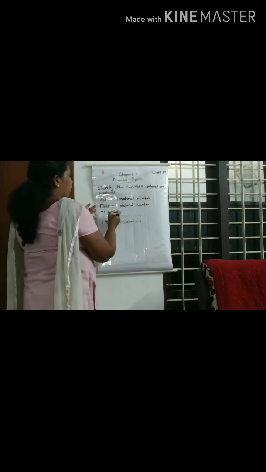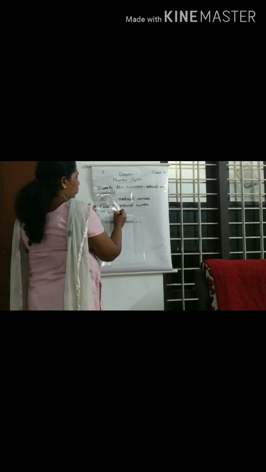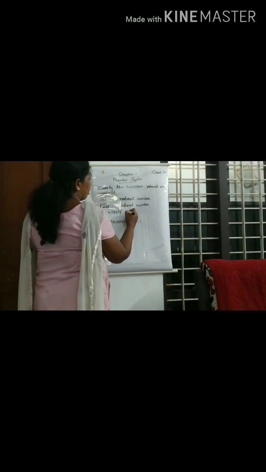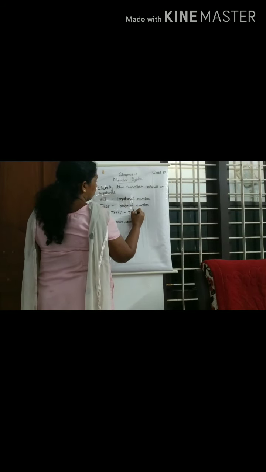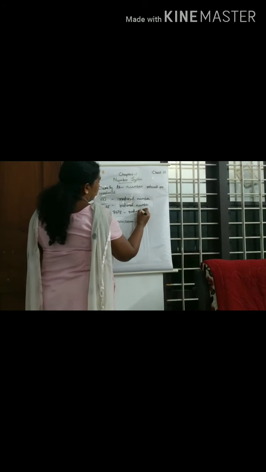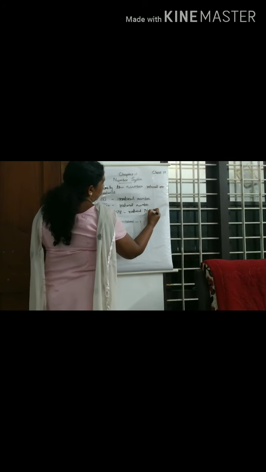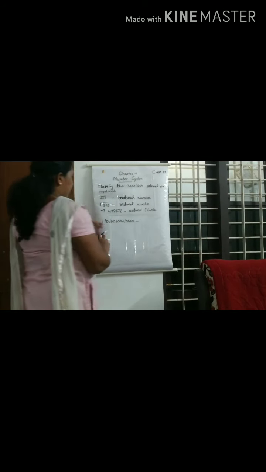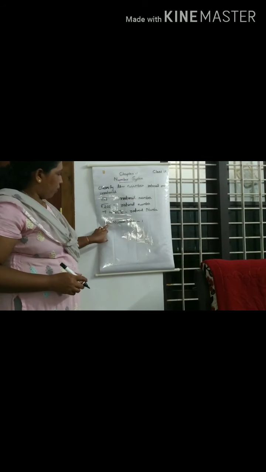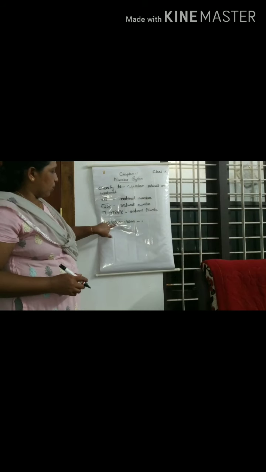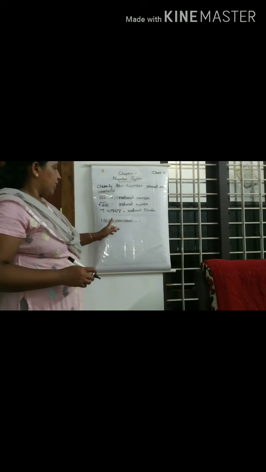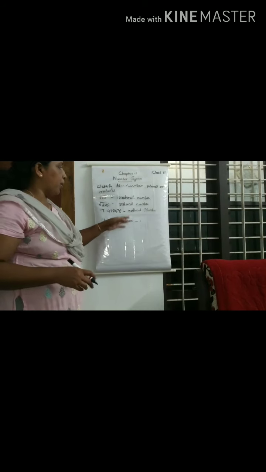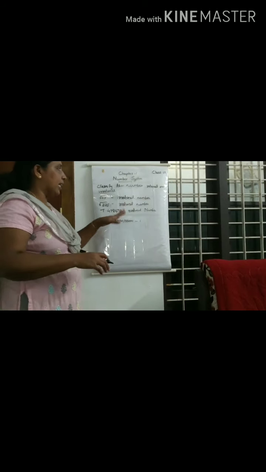So 7.478, this is also a rational number. Then 1.101001, like that. This one is non-repeating and non-recurring, so it is an irrational number.